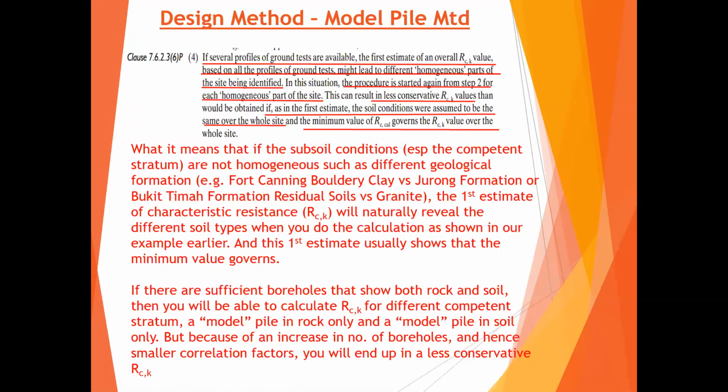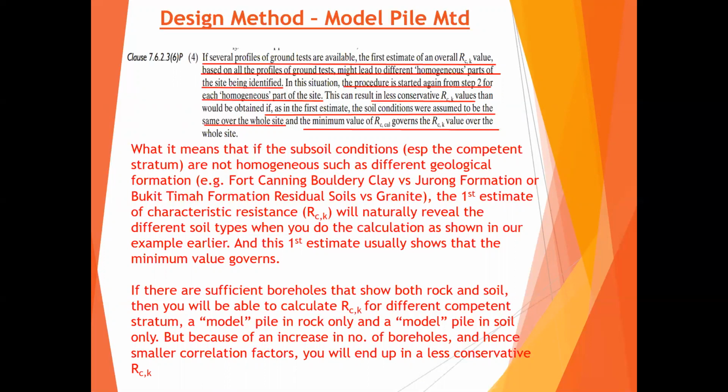Like our case, either by calculation or just by visual checking of the bore, you will know there are different homogeneous parts. Some areas you find a lot of rock, some areas you don't find rock. But in our case, we only had 3 boreholes, so we can't really zone in this manner.